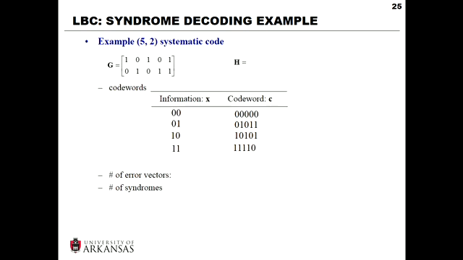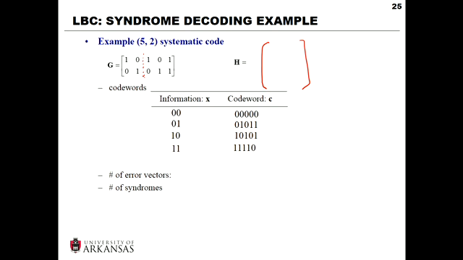Just a simple example. We have the generator matrix here, and once we have the generator matrix, we can write a parity check matrix. This is a (5,2) code. That's the identity matrix and the parity submatrix.